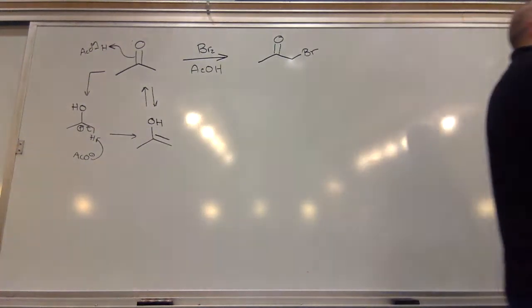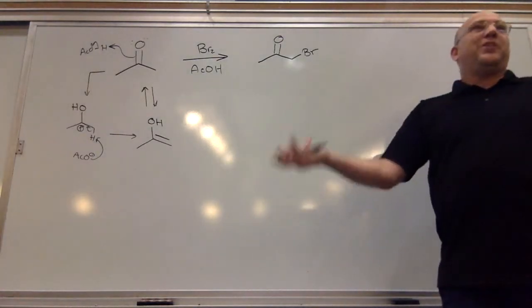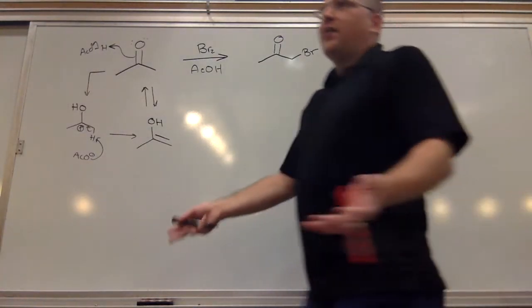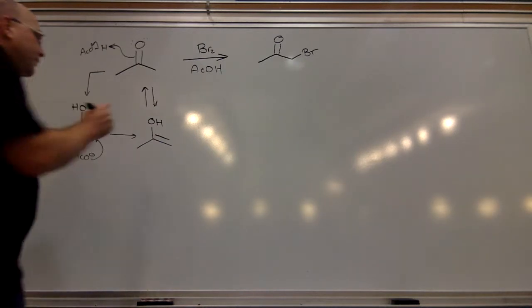This is one of the classic Organic 1 first semester reactions where alkenes react with bromine. And how do alkenes react with bromine? There's various things that we can do here, all of which would be fairly reasonable. What I would probably do is, when we think about bromine and alkenes, we think of that bromonium ion a lot. So let's go to the bromonium.